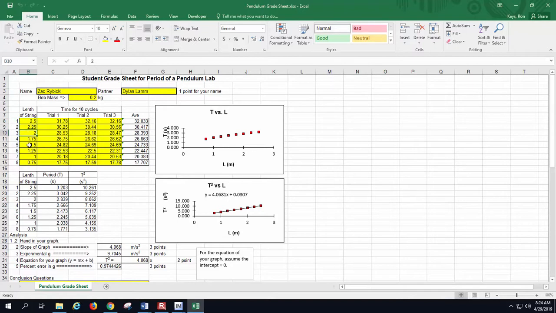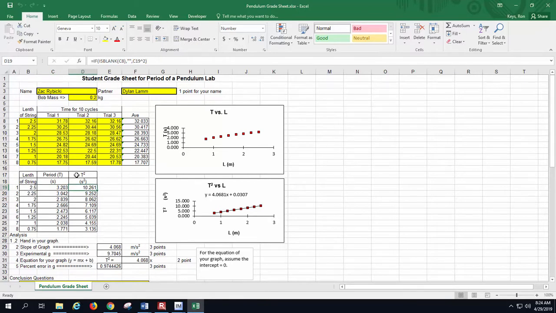So this is a sheet I'll give you. We did 10 cycles, right? You're going to time it 3 times, average it. So this is going to be the average for 10 cycles. If we divide this by 10, this would be our period here. This is simply our period squared.